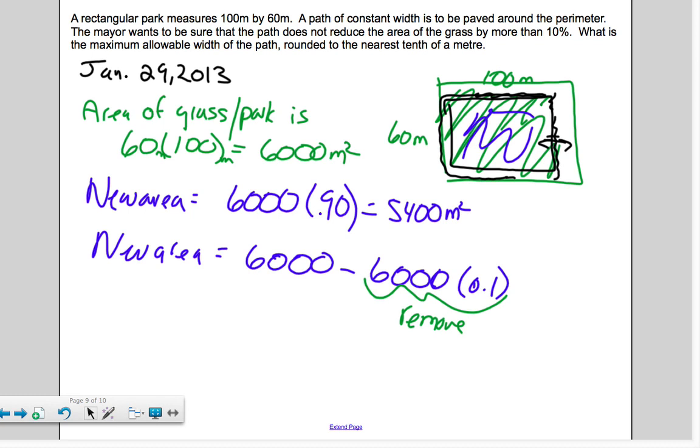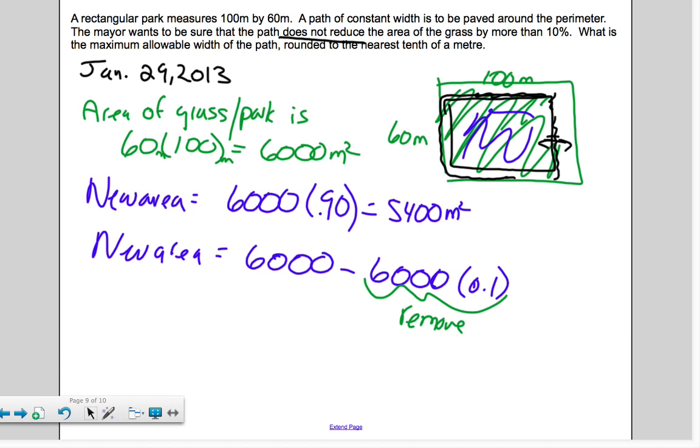Christian, what does this mean? Does not reduce. Let's call Miss Young, your English teacher. It does not exceed 10%. Does not reduce the area of the grass. What does reduce mean? Minus. Yeah, we do not make it smaller by more than 10%.